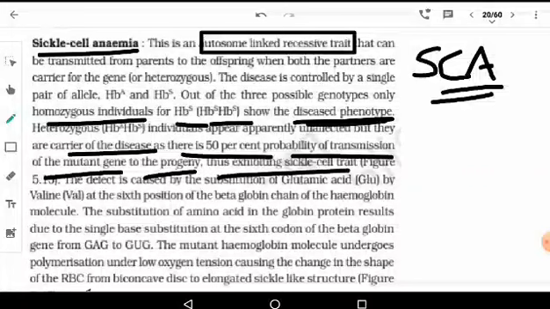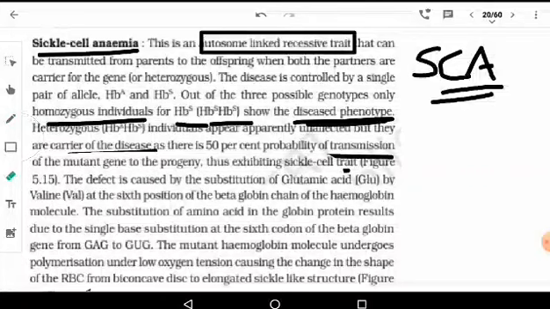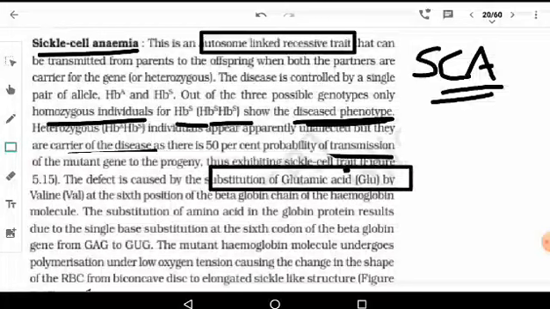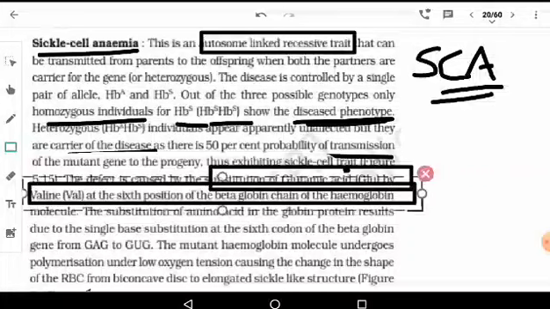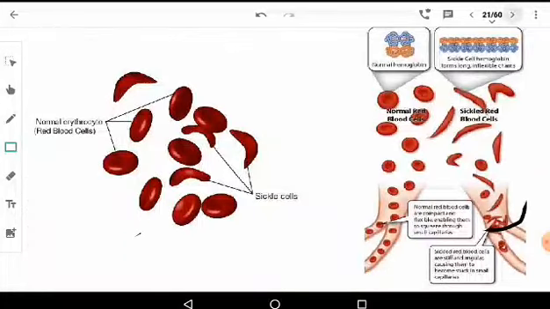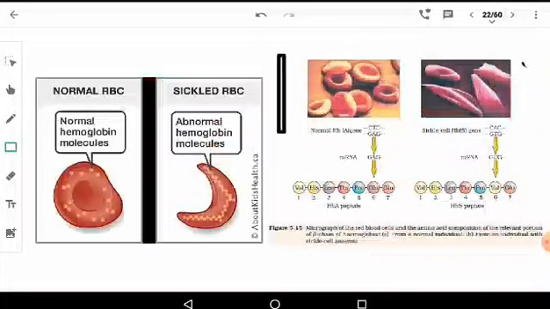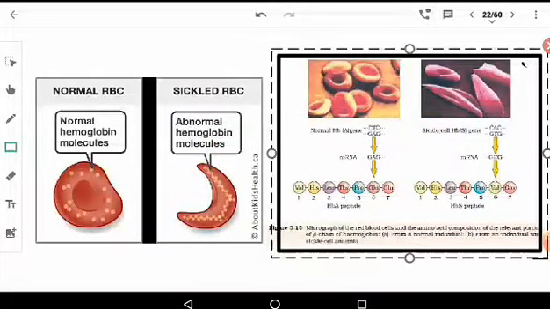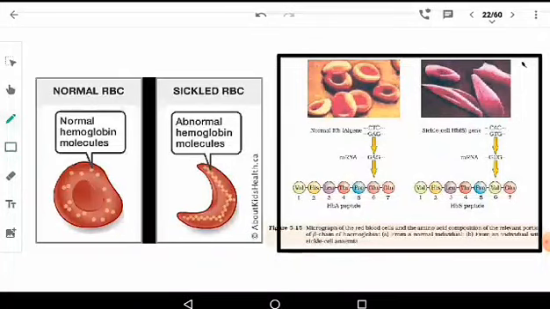Now, how is this particular sickle cell anemia caused? Sickle cell anemia is caused by the substitution, this is important, the substitution of glutamic acid by valine at the 6th position of the beta globin chain of the hemoglobin. As you can see in this NCERT picture, at the 6th position, in a normal person it is going to be glutamic acid.